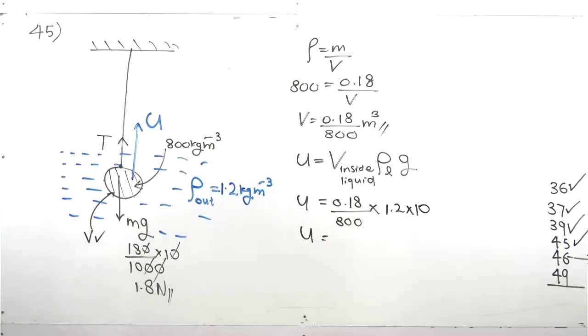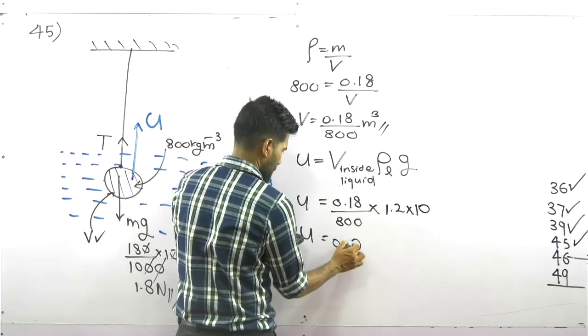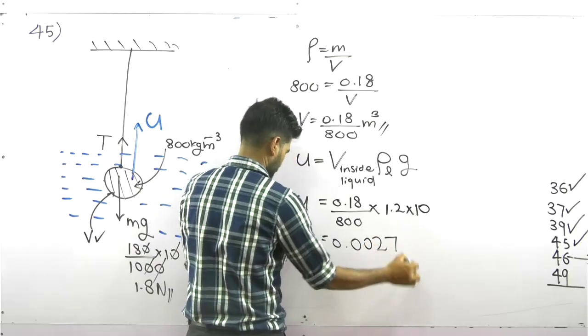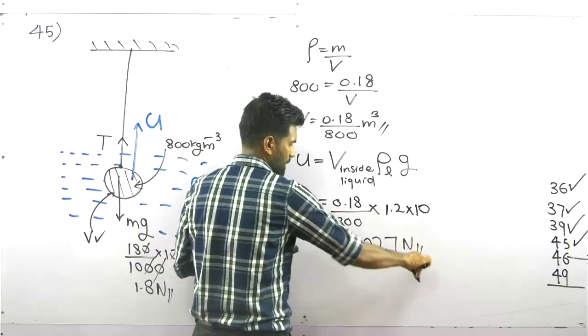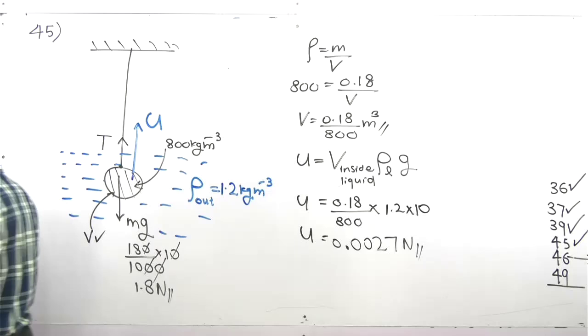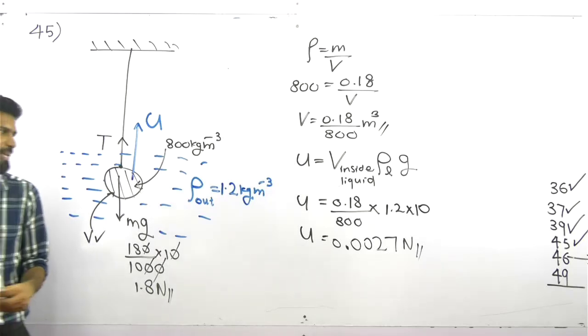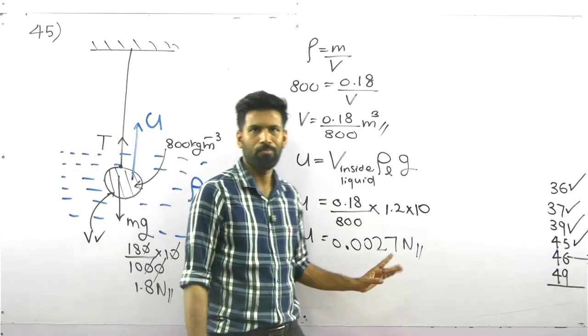You will get a very small value. 0.18 divided by 800 multiplied by 1.2 times 10, that is 0.0027 newtons. That's why, if it is not especially mentioned, we neglect it. But here we can't neglect it as they give us the clue to consider it. It's a very small value.